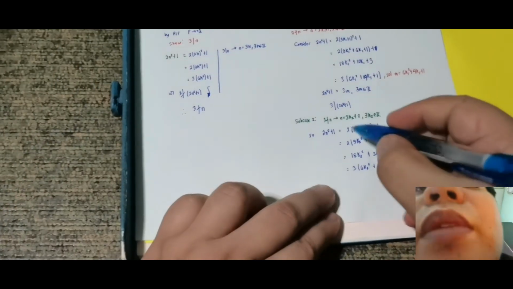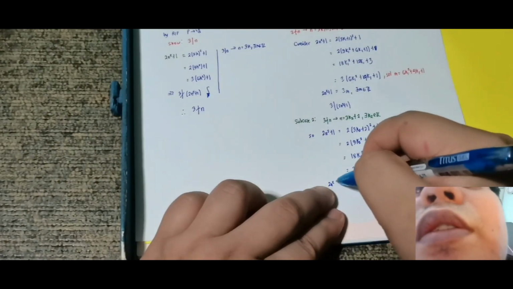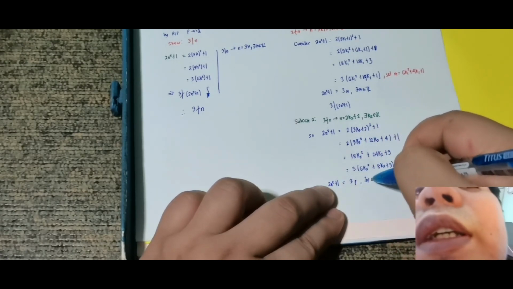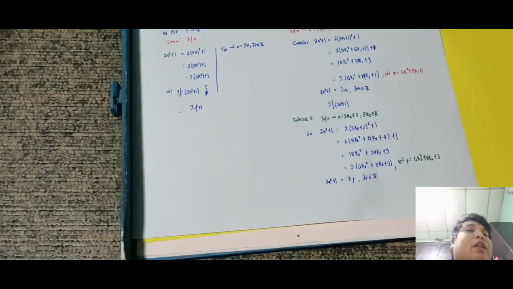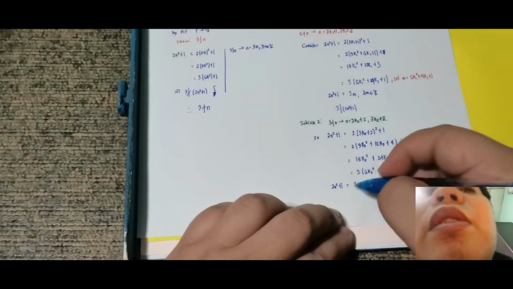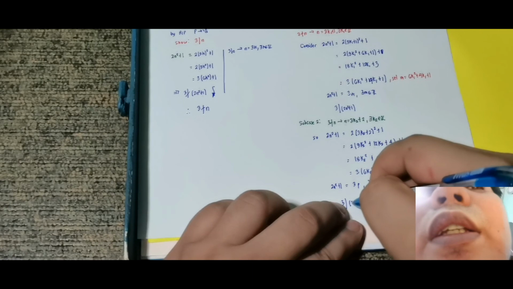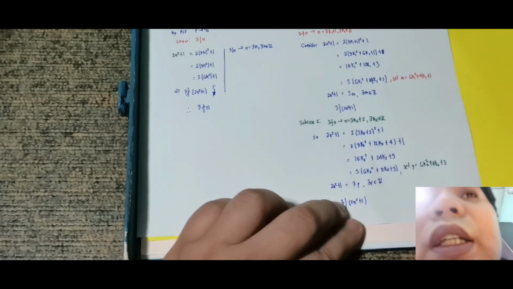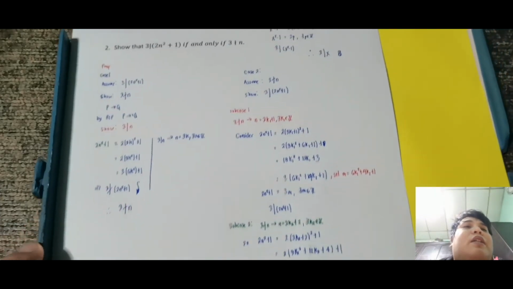So, mangyari, that is 2n squared plus 1 is equal to 3p, for some p, element of integers. So, pwede nang gamitin yung definition of divides. So, by definition of divides, 3 divides 2n squared plus 1. So, therefore, this is done. In any cases and subcases, this is done.